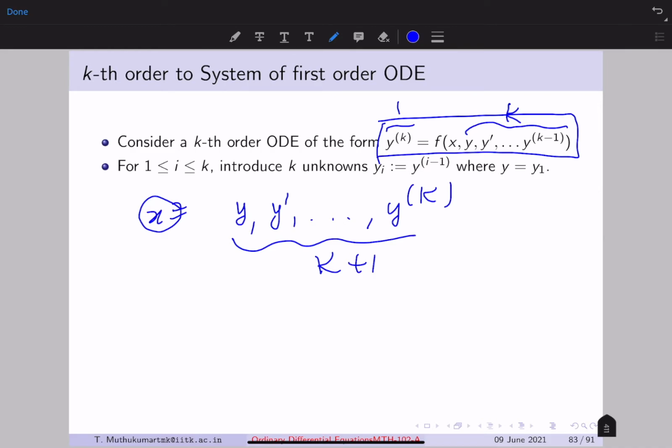So these are the unknowns. You have k plus 1 unknowns, in fact, because y is unknown and all its derivatives are unknown.